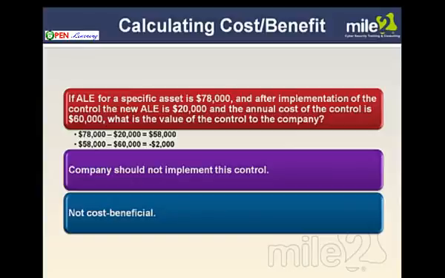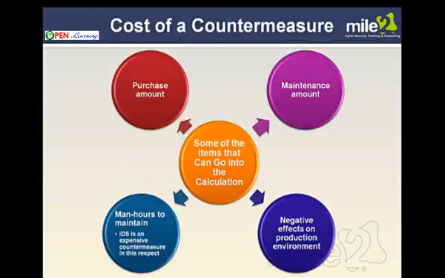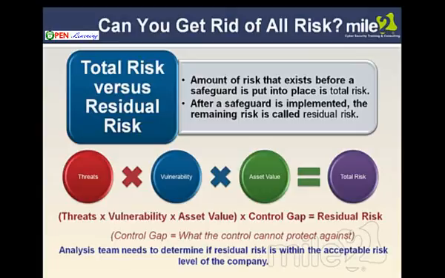There's a lot that has to be looked at. And when you put a countermeasure in place, realize that it's not just what it costs. It could also be maintenance, the man hours to maintain it, like an intrusion detection system. And it could even have some negative effects in your production environment.